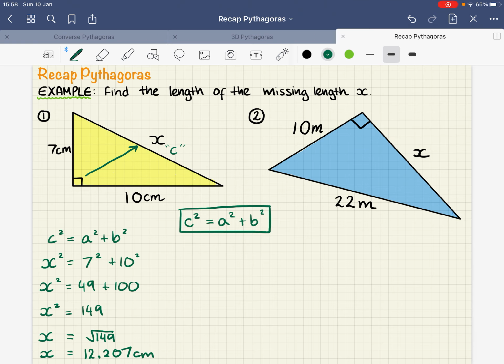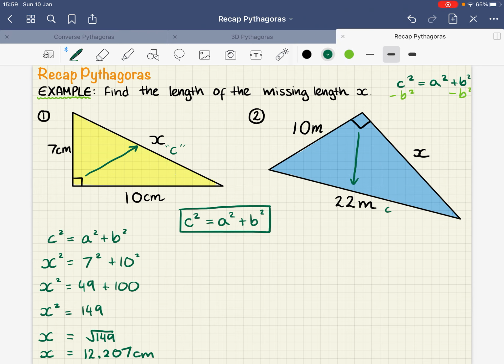Okay, so question 2. So this time, we know what our hypotenuse is, which is that 22. So we are actually trying to find a shorter side. Now, one way to think about it: if I go to my formula of c squared equals a squared plus b squared, I just want to get either the a squared on its own or the b squared on its own. Easiest way to do it, take away the b squared from both sides.